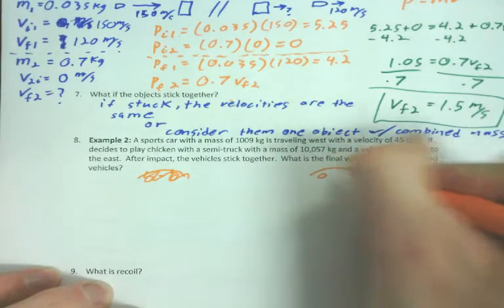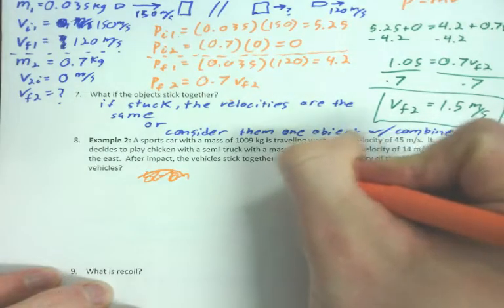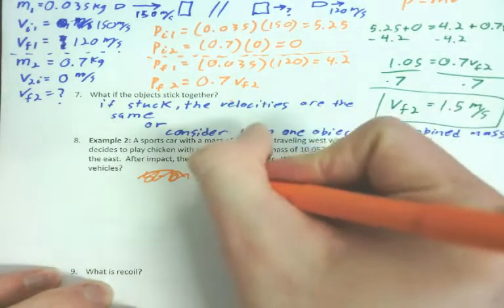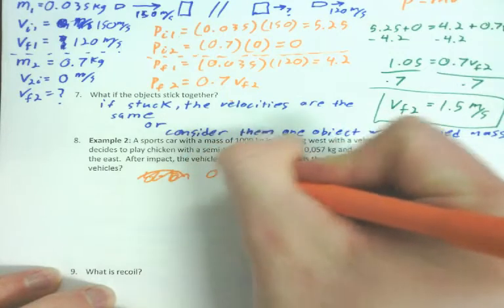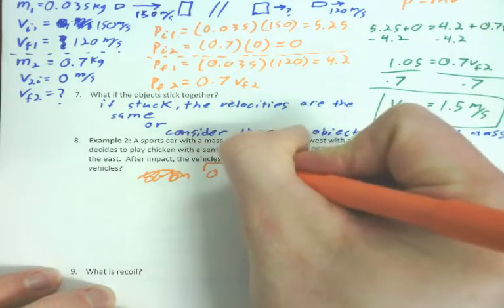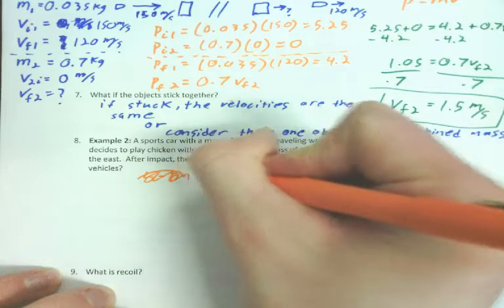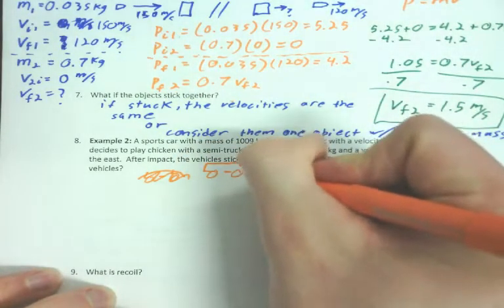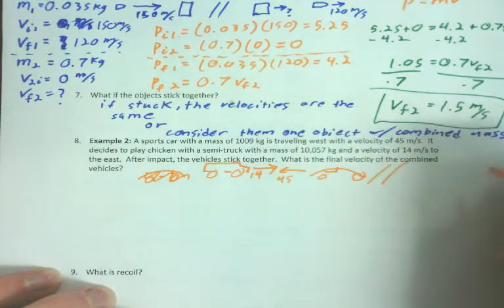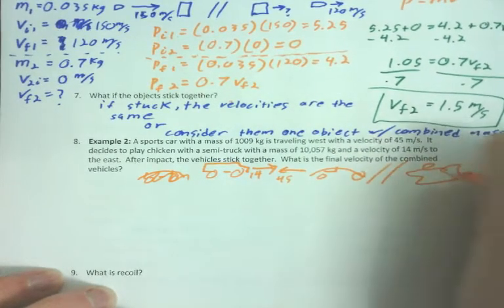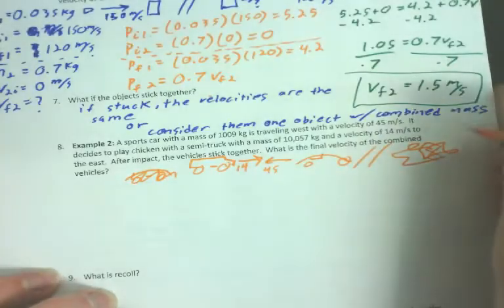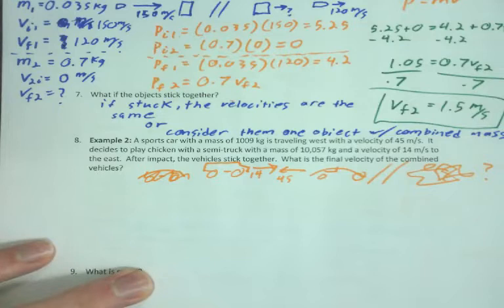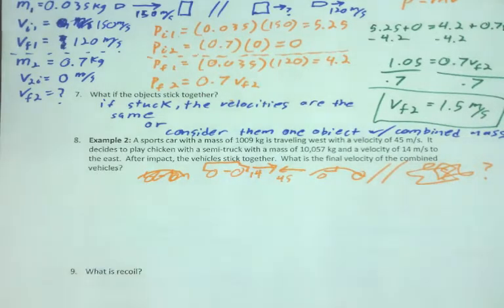All right, the car is going west at 45. The truck's going east, and it has a value of 14. Then they smash together and they turn into that. And I don't know what they do afterwards. Oh yeah, they totally look like that.